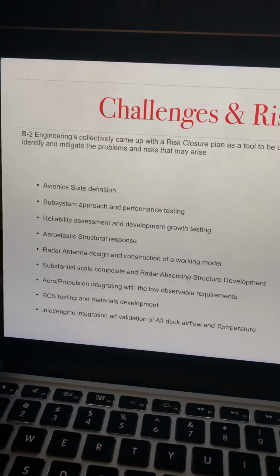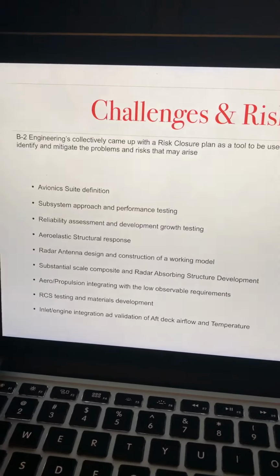So the B2 engineers collectively came up with a risk closure plan as a tool to process thoroughly and identify and mitigate all kinds of problems and risks that may arise.